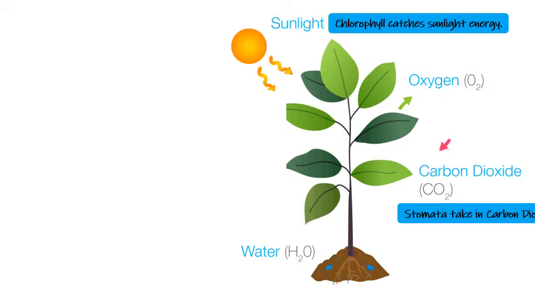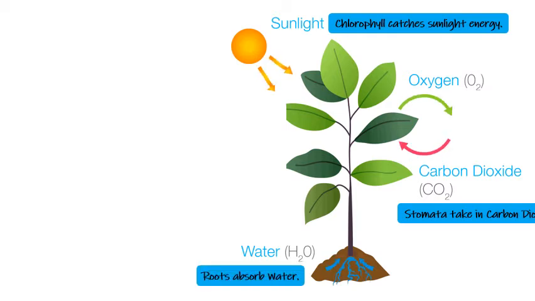And to take in water, plants use their roots. Okay? Plants take in carbon dioxide, they take in water, then they use the sunlight energy to mix these two together and to cook the food which is a kind of sugar.